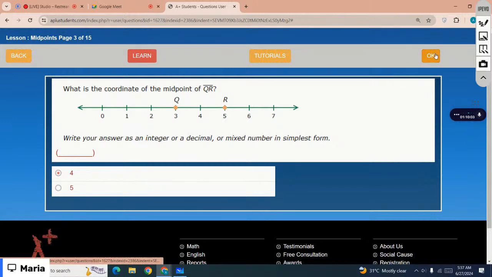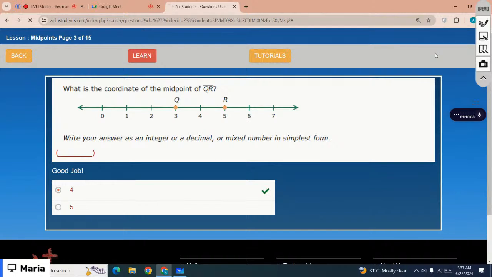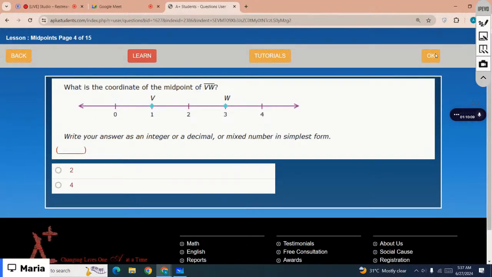Option number 1 is the correct option. What is the coordinate of V?